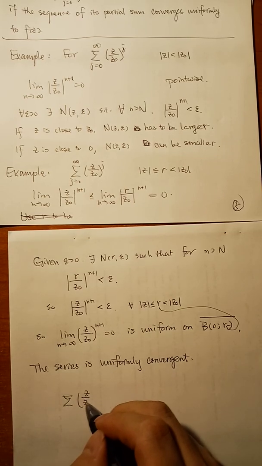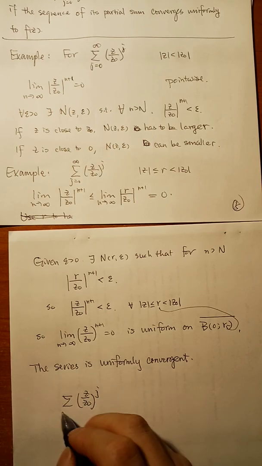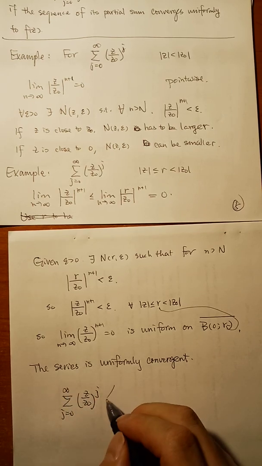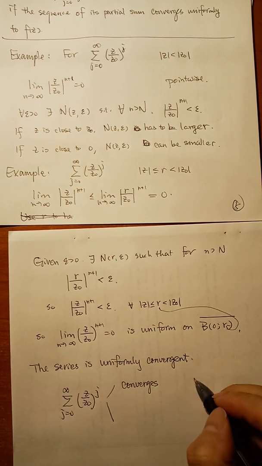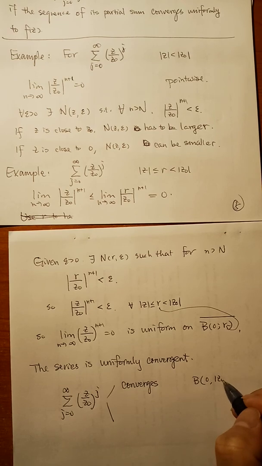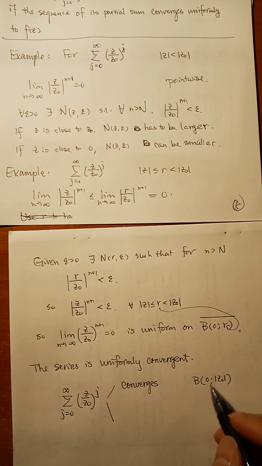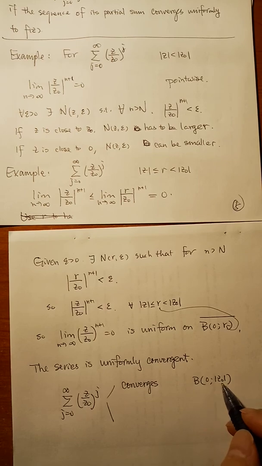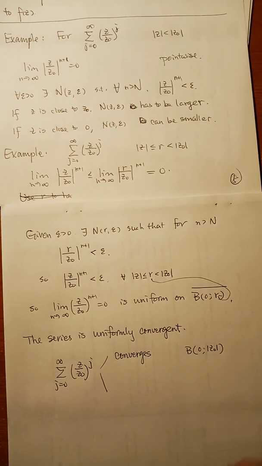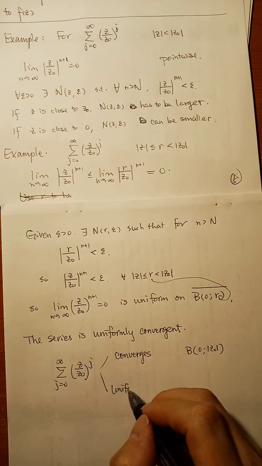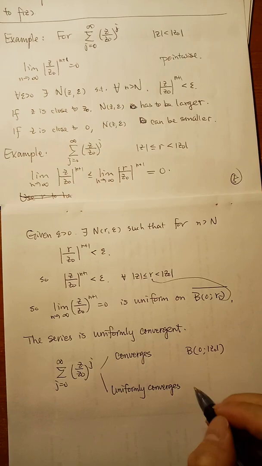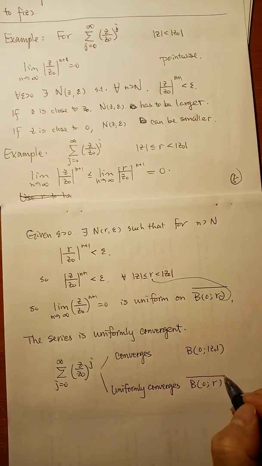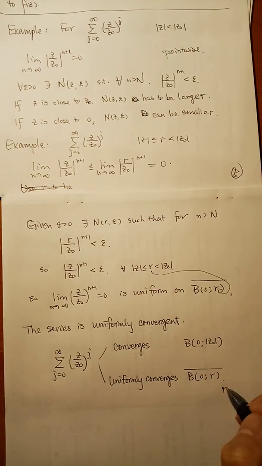The sum of Z over Z0 to the J's power, J from 0 to infinity, converges over the open disk centered at 0 with radius absolute value of Z0. It uniformly converges over this closed disk. Here this R is less than absolute value of Z0, whatever closed disk.